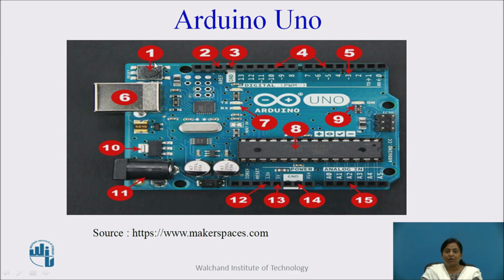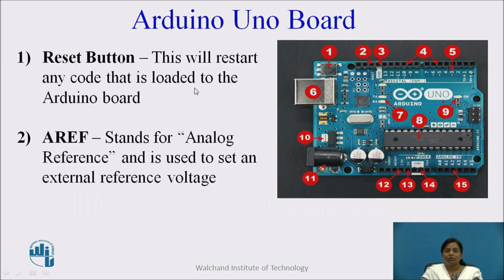So this pin number 1 is used to reset this board; this will restart any code that is loaded to the Arduino board. Then this pin number 2 is AREF, which is the analog reference pin, and it is used to set an external reference voltage.